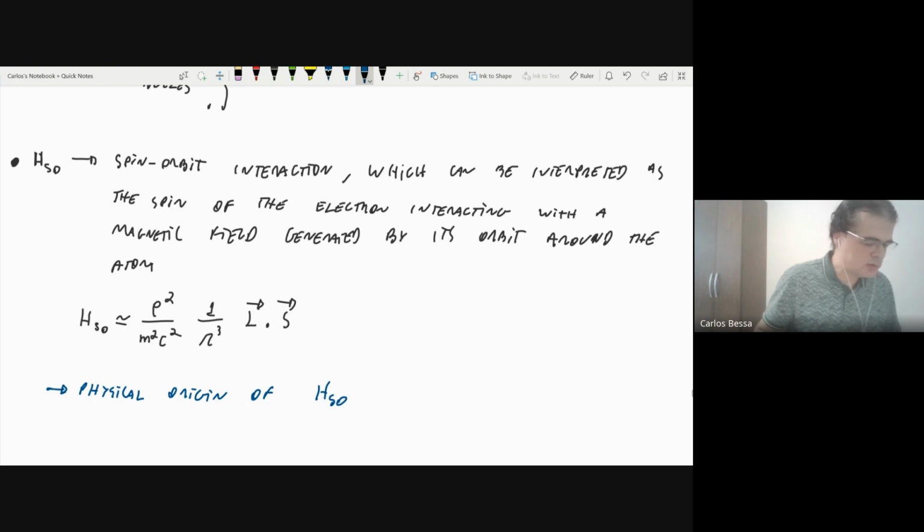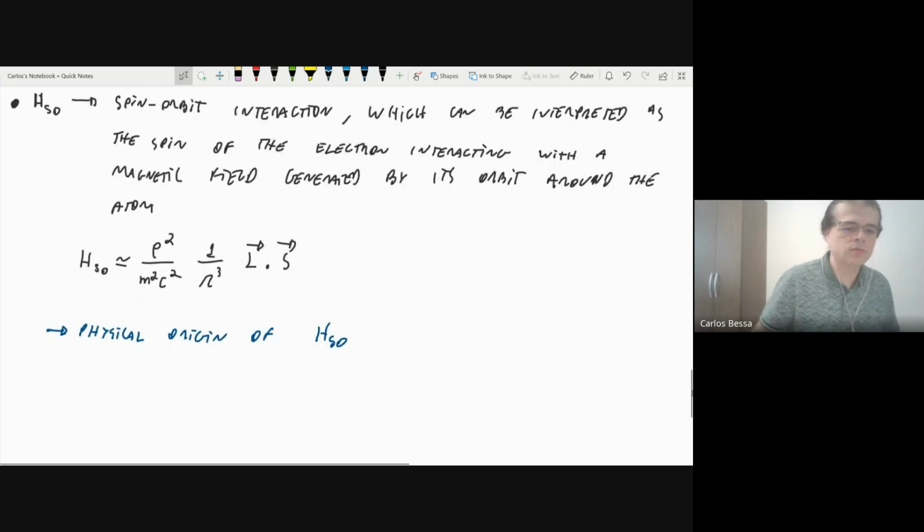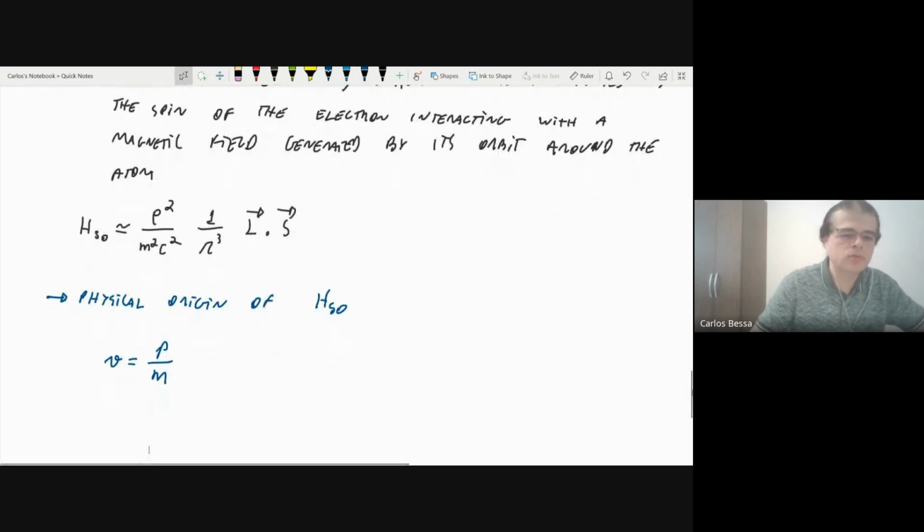So we know that the electron has a velocity given by its momentum and mass.